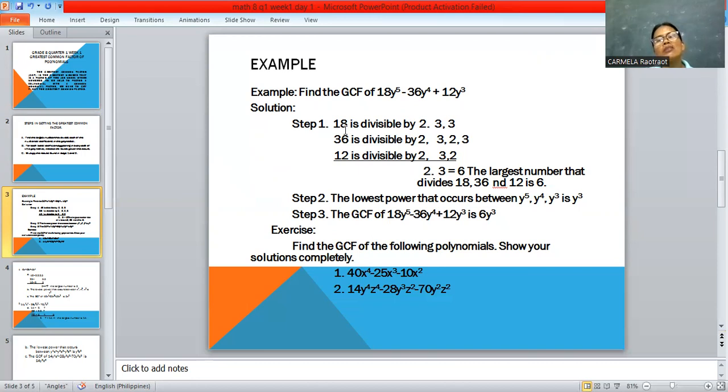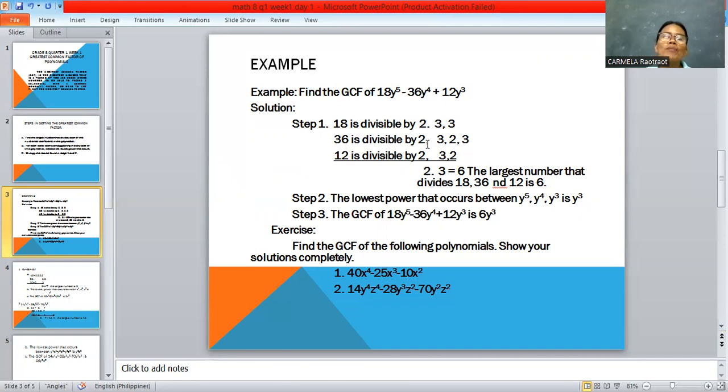For 18, what are the prime factors? 2, 3, and 3. 2 times 3 is 6, times 3 is 18. For 36, 2 times 3 is 6, times 2 is 12, times 3 is 36. 12 is divisible by 2, 3, and 2.